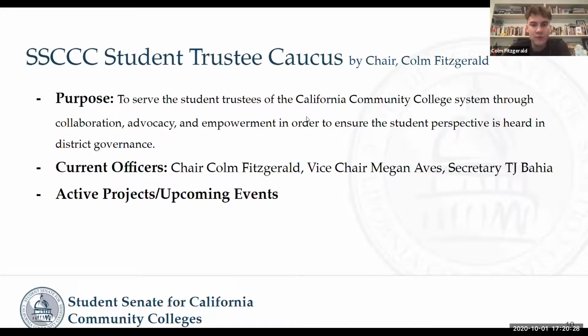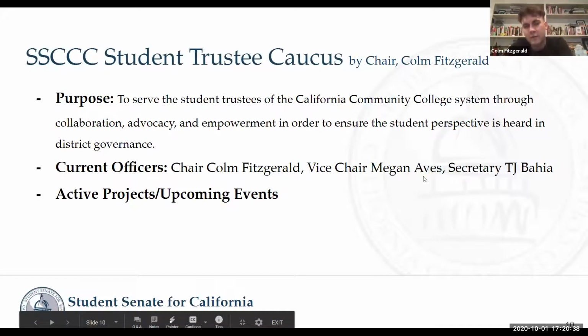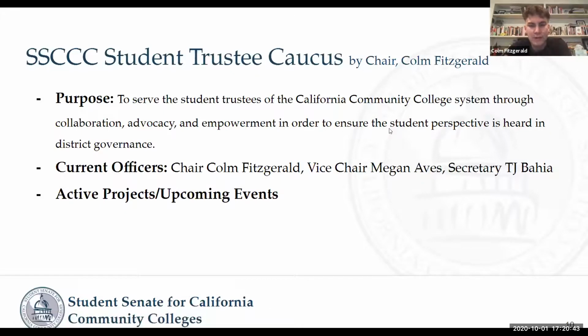The purpose of the Student Trustee Caucus is to bring together student trustees from across the state and connect them so that they can advocate for the broader student interest better.